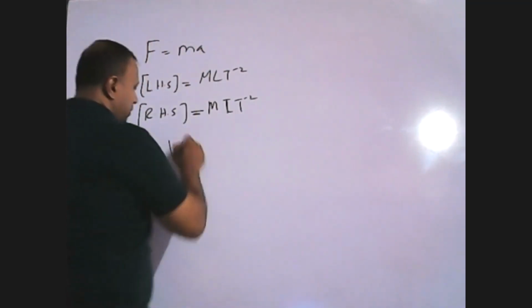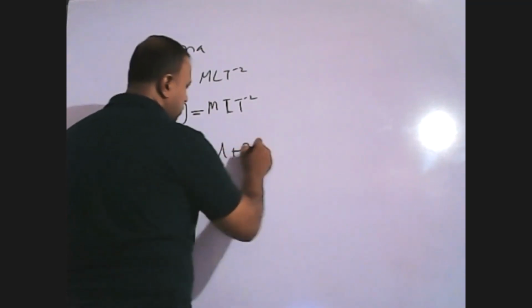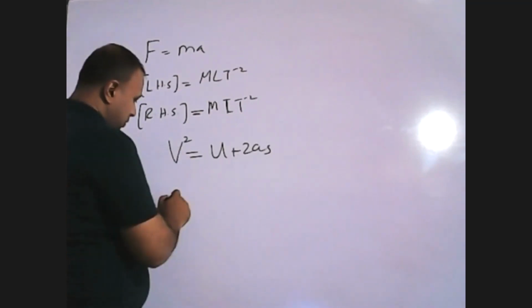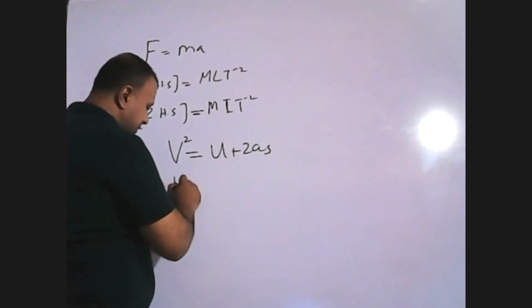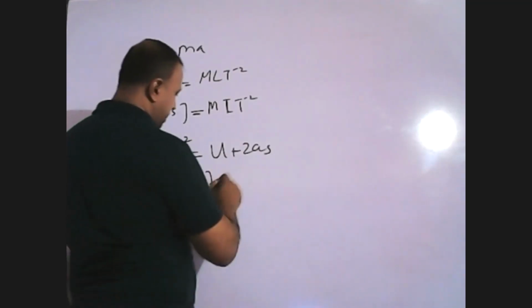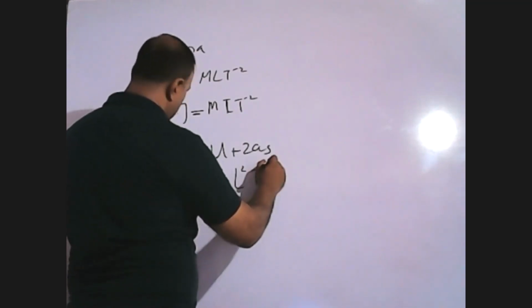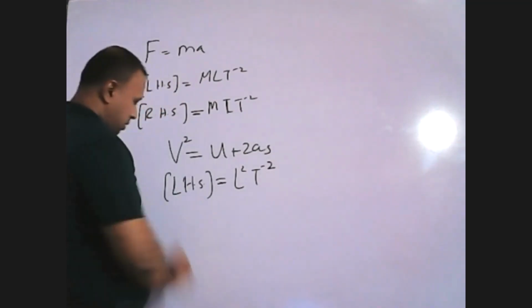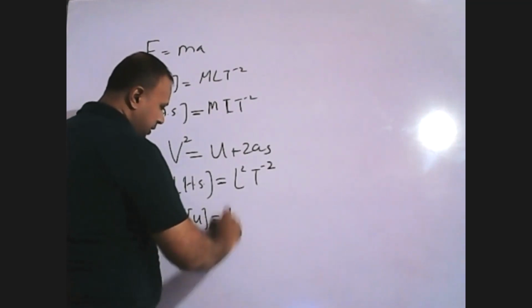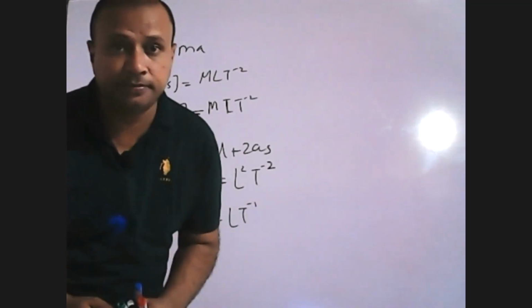Suppose we have this kind of equation: V squared equal U plus 2as. In this case, you know the dimension of LHS. Dimension of LHS equal L squared T to the power minus 2. Then the dimension of U is equal to LT minus 1.